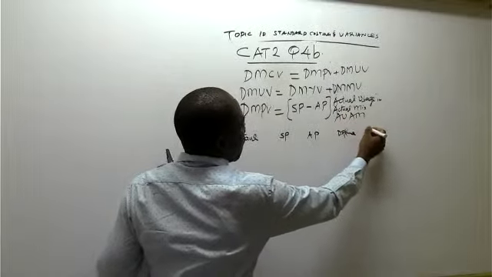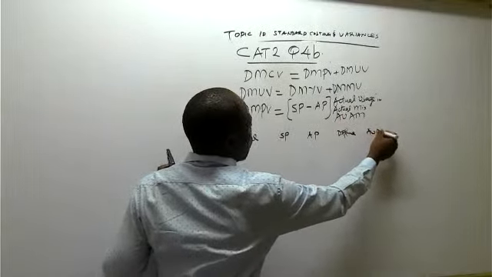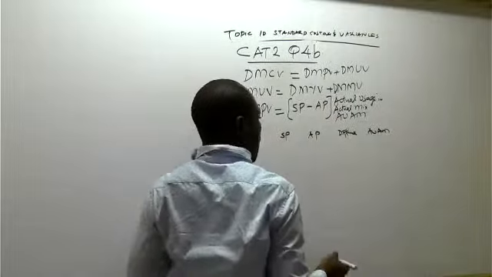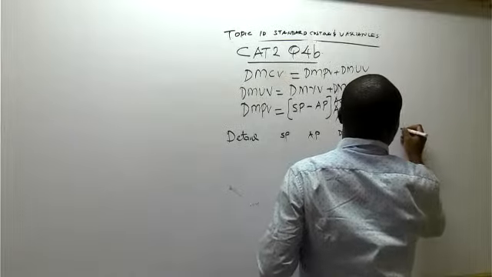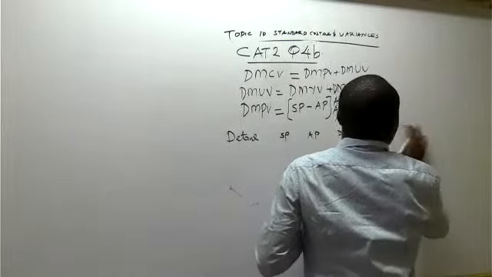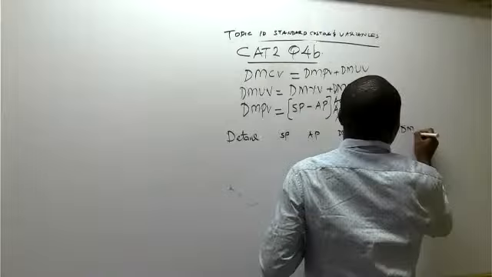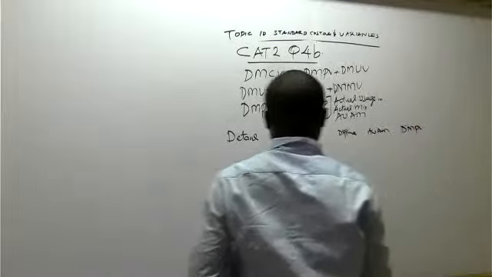And then multiply by actual usage in actual mix. Having done that, you come here and give us now the variance, which is direct material price variance.